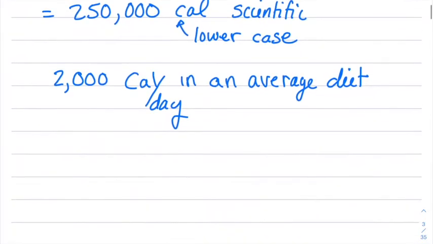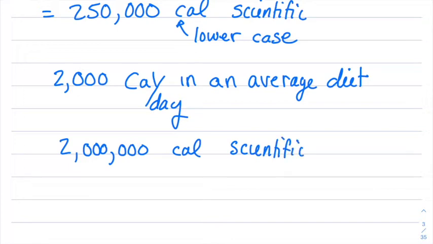But what that means is that you get to have 2 million scientific calories. So next time you're like, hey, I don't know if I should eat that, it's like 250 calories, you'd be like, no, it'll be fine. I get 2 million calories in my daily allowance.